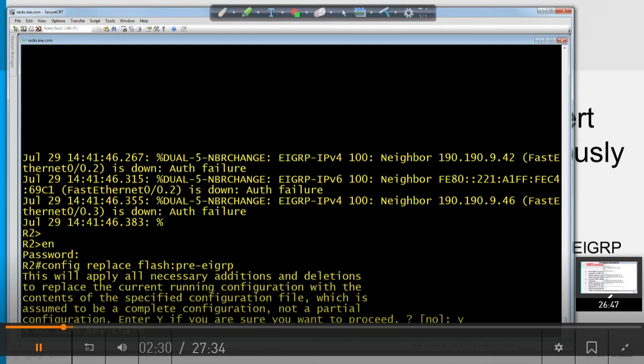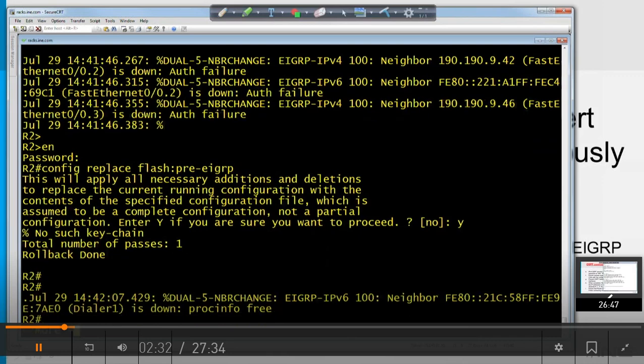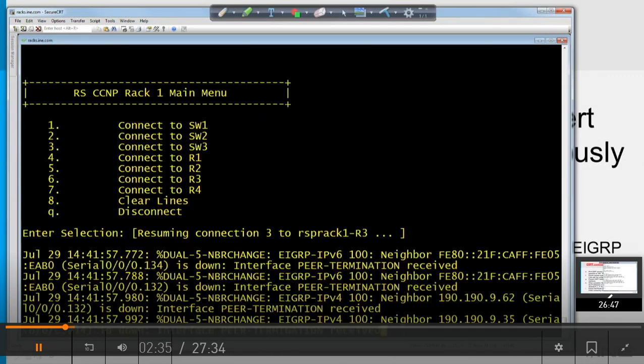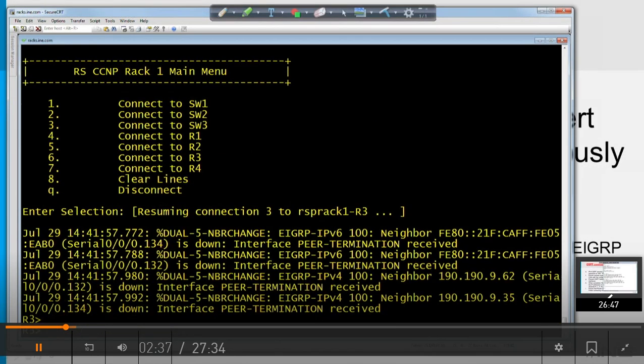And you can see here this is much faster than trying to manually strip out all of my EIGRP related things.